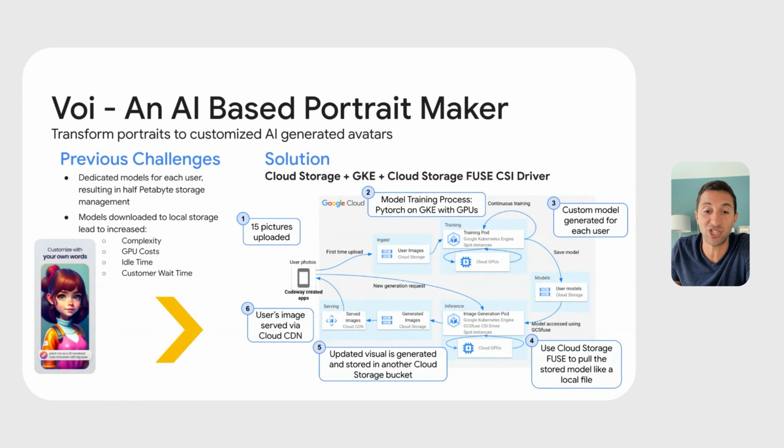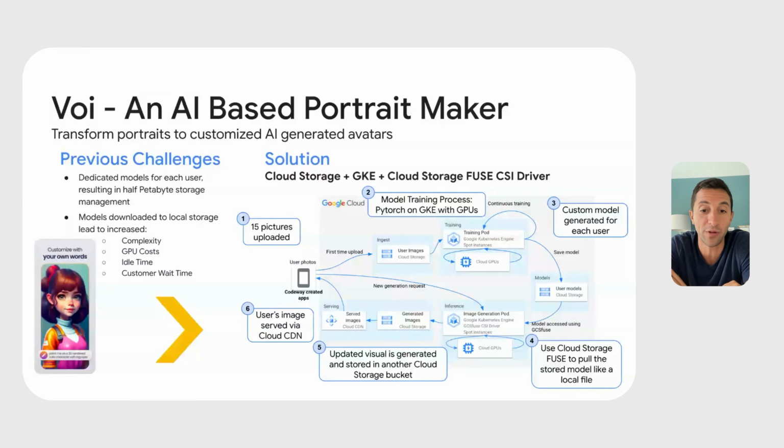Once that image is generated, it's again outputted to a cloud storage bucket and then served back up to the mobile app via a CDN.